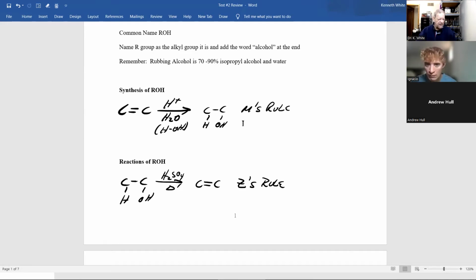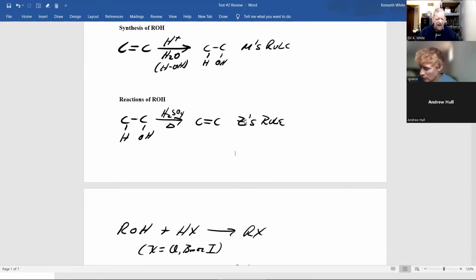Again, Markovnikov's rule. Now, reactions of alcohols. If you take an alcohol, carbon with a hydroxyl group, adjacent carbon right next door with a hydrogen, reacted with sulfuric acid, H2SO4. The little triangle means heat. Sometimes I'll put a number like 182.